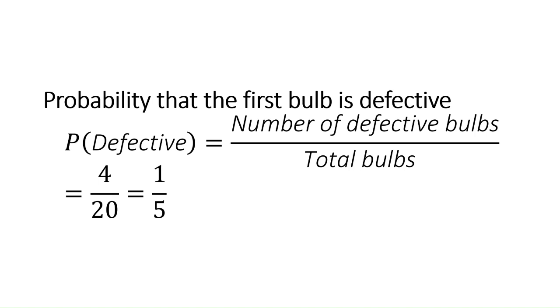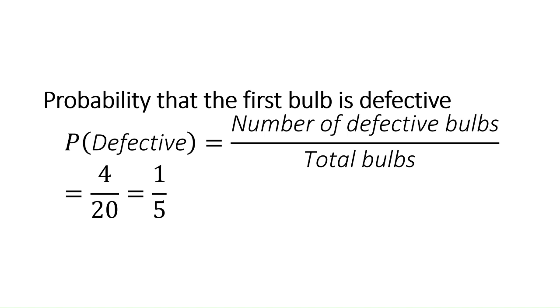The probability of the first bulb being defective is given by number of defective bulbs by total bulbs. The number of defective bulbs is nothing but the number of favorable outcomes for that event.